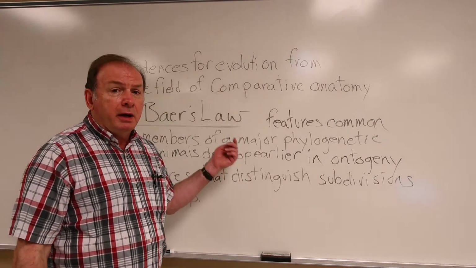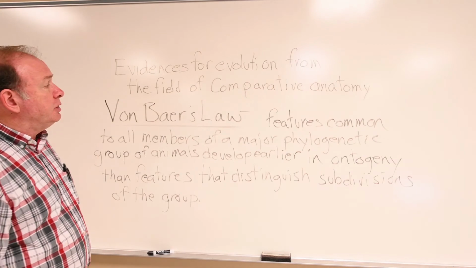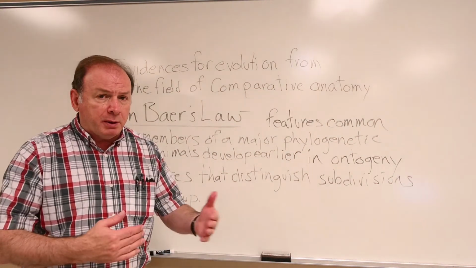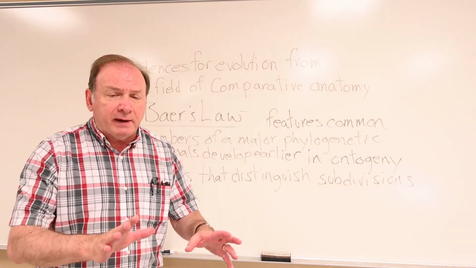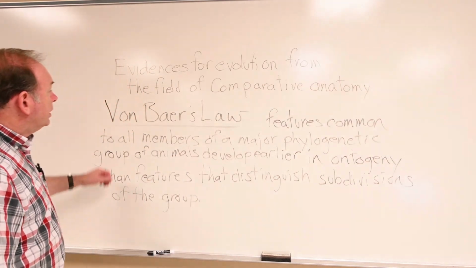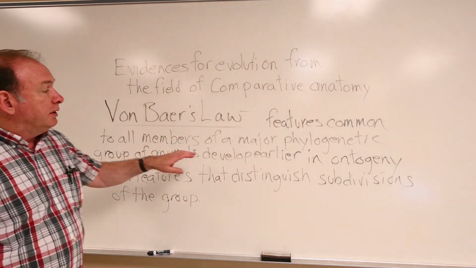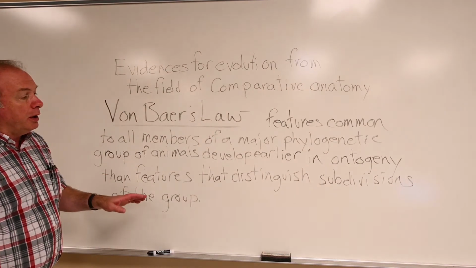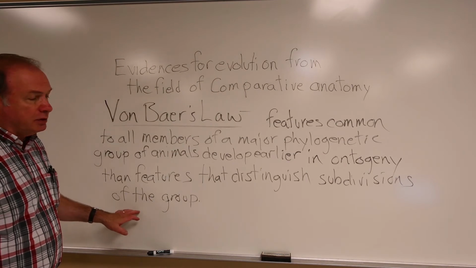Our fifth area from comparative anatomy that supports this idea of macroevolutionary change is something we've already mentioned earlier on when we talked about the relationship between developmental processes and the phylogeny of a group. Von Baer's law: features common to all members of a major phylogenetic group of animals develop earlier in ontogeny than features that distinguish subdivisions of the group.